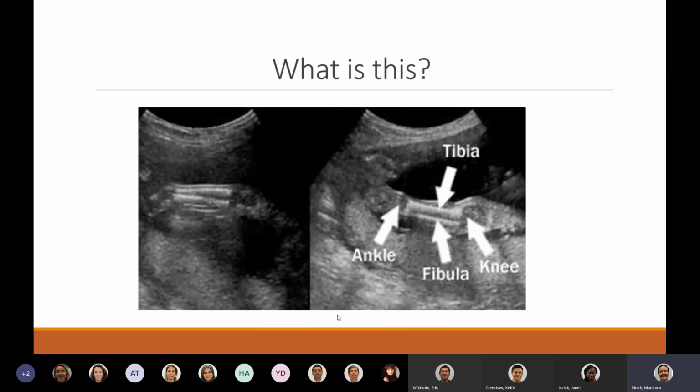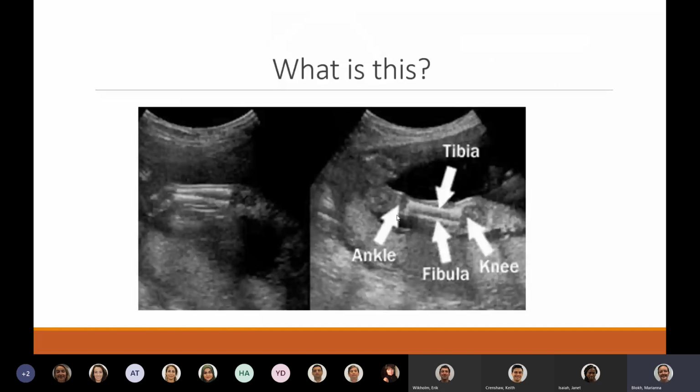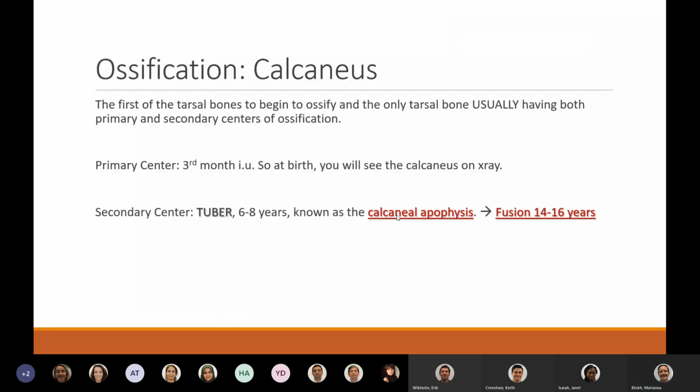So here are some examples. The one thing that they ask about pathologic-wise is the calcaneal apophysis. They may give you an X-ray of a 10, 11, or 12-year-old kid who presents with pain in the calcaneus.